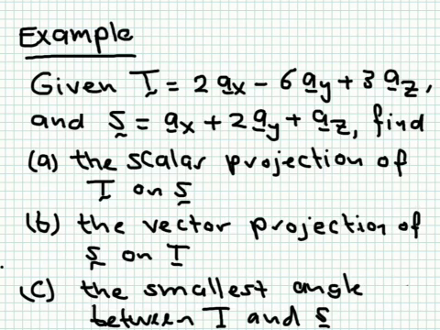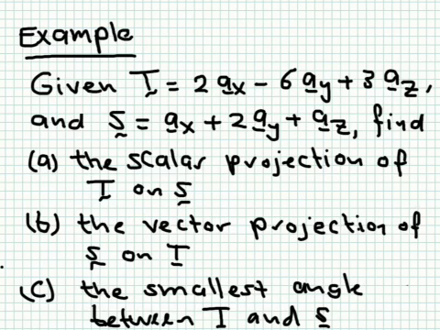In order to get the scalar projection of a vector t on a vector s, you first have to determine the unit vector in the direction of s. Then if you do an inner product between this unit vector and t, this will give you modulus t cosine theta, which is really the scalar projection of t on s, or the length of the projection of t on the vector s.